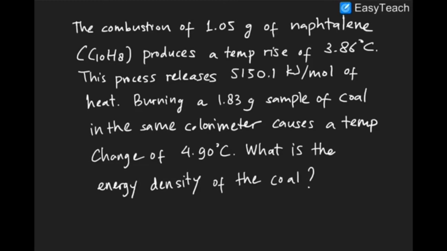Now, burning a 1.83 gram sample of coal in the same calorimeter causes a temperature change of 4.90 degrees Celsius. The question is, what is the energy density of the coal? You can pause this video if you would like to try it on your own first.